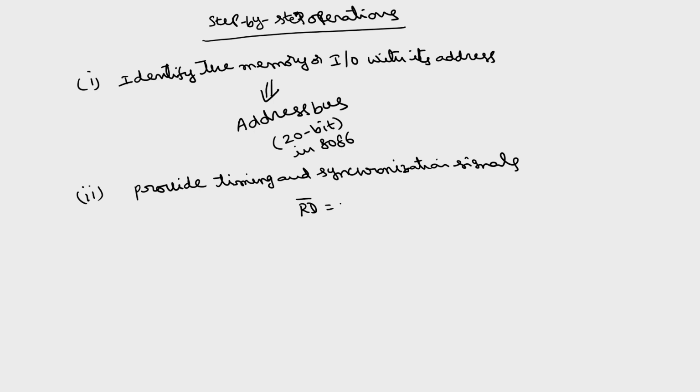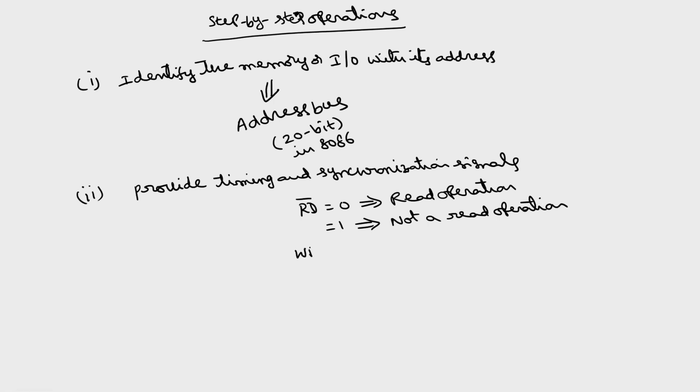If read bar is 0, it implies read operation, because this is an active low signal. If read bar is 1, it is not a read operation. Similarly, if write bar is 0, it implies write operation. Write bar is 1 means not a write operation.